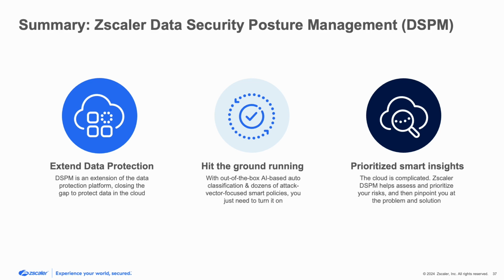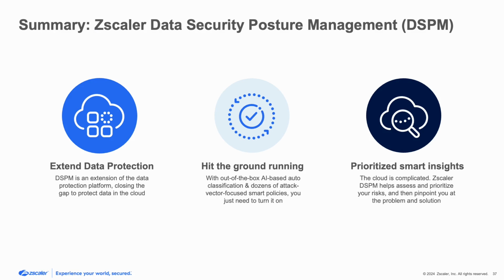In order to allow you to hit the ground running, we come out of the box with all of your classification, everything that you've used before in other Zscaler data protection solutions is going to be there. If you're a novice user, we come out of the box with a set of classifications, both AI-based and custom-based, that let you classify the data, and all you need to do is connect us to your system.